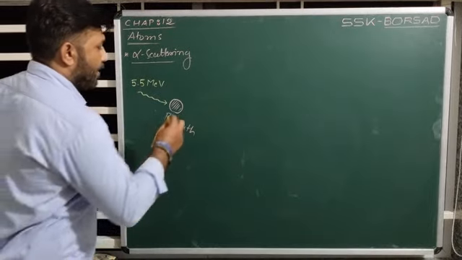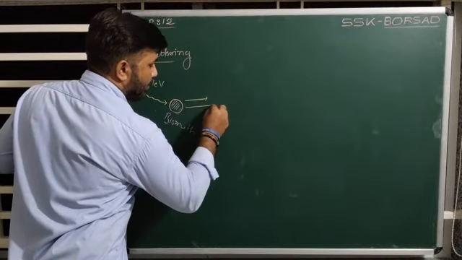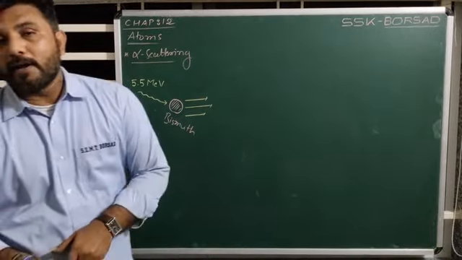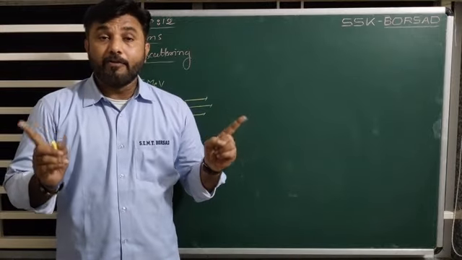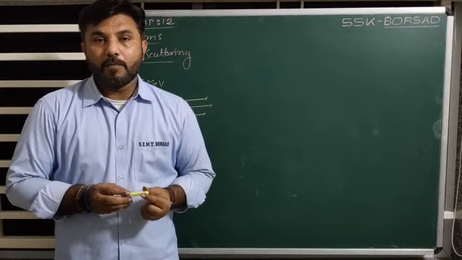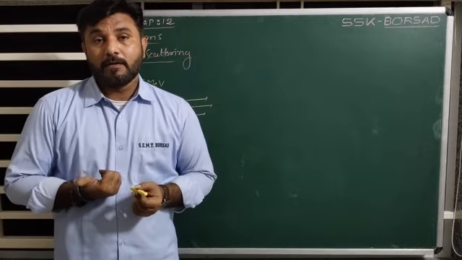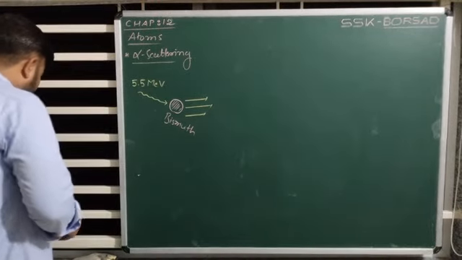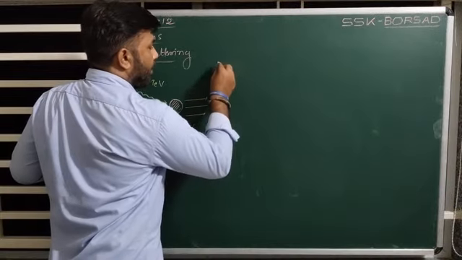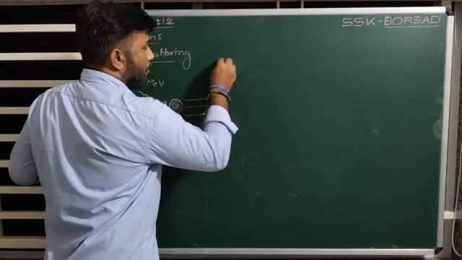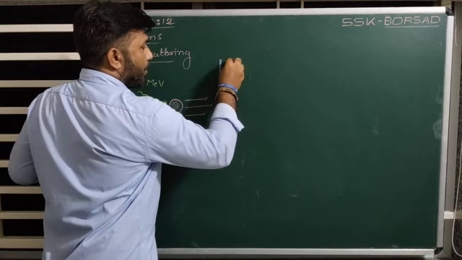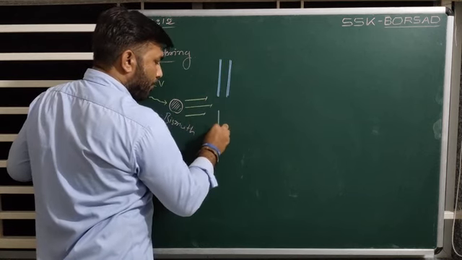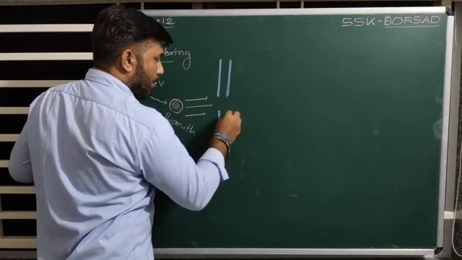This bismuth emits alpha particles in all directions, but we have to make a narrow beam, narrow like the light of a razor. That narrow beam of alpha particles is made with the help of lead bricks. So you have to put the lead bricks to make the alpha particles a narrow beam.